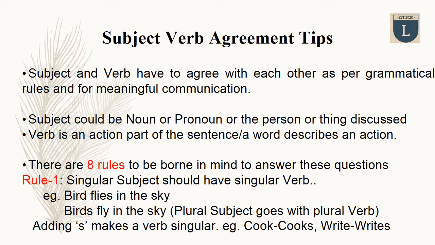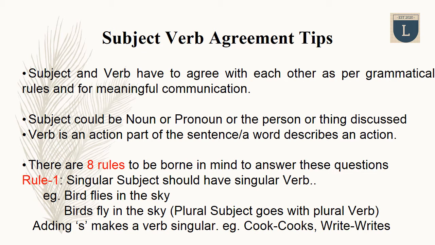In total, there are 8 rules to be kept in mind in order to answer questions related to subject-verb agreement. Let's see what they are. Rule number 1: a singular subject should have a singular verb and a plural subject should have a plural verb, so we need to be cautious about what kind of subject and verb we are using.